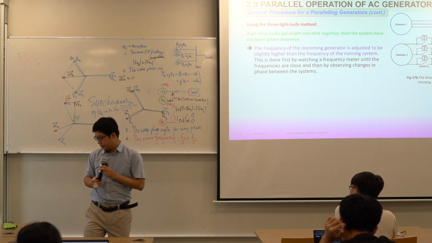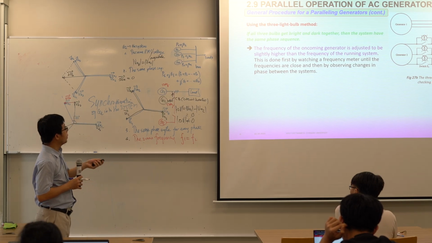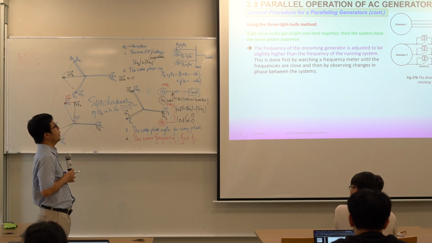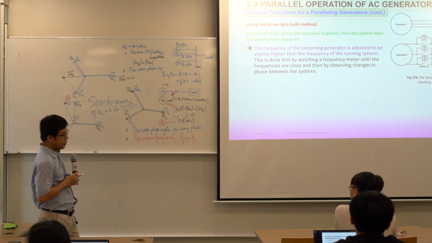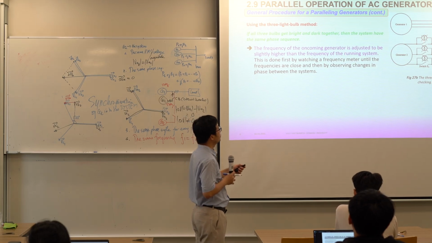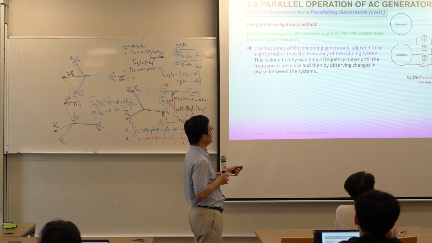So this is the way to check the requirements here. Yeah, the easiest way is to use light bulbs. How many light bulbs do we need? 1, 2, 3.